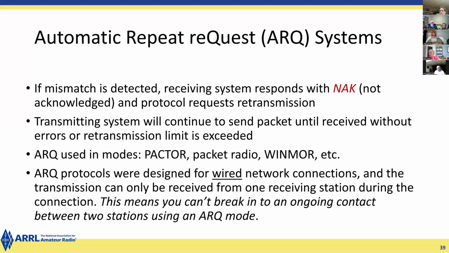In other words, if I'm listening to a packet radio conversation between Ralph and Keith, say, and my receiver detects an error in that last packet that Ralph sent, Keith's station can send a NAC and ask Ralph's station to retransmit that same packet. But I can't because I'm eavesdropping. I'm not part of the conversation. So that means you can't break into an ongoing contact. And that's important.